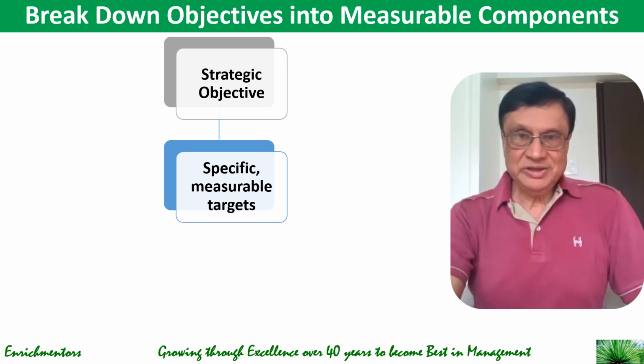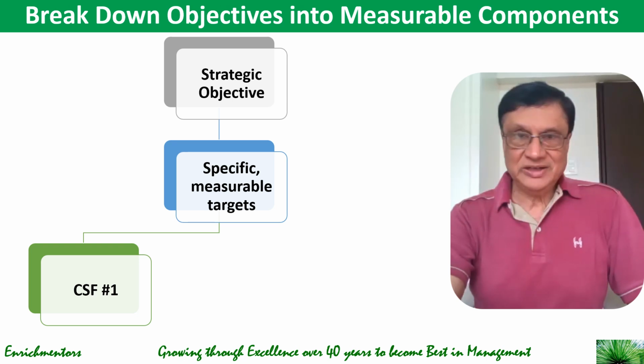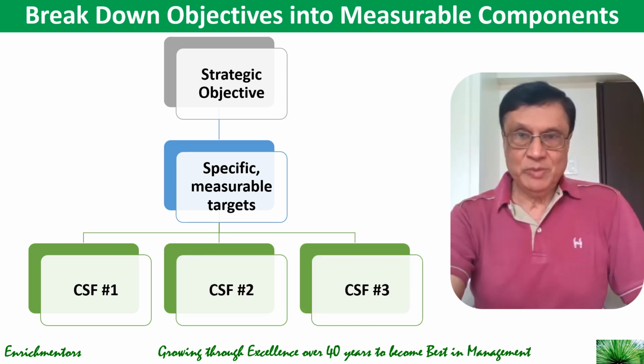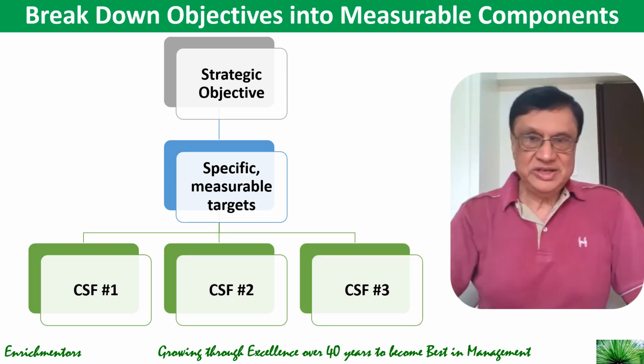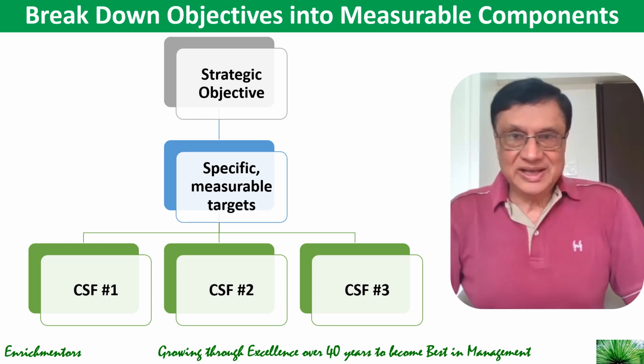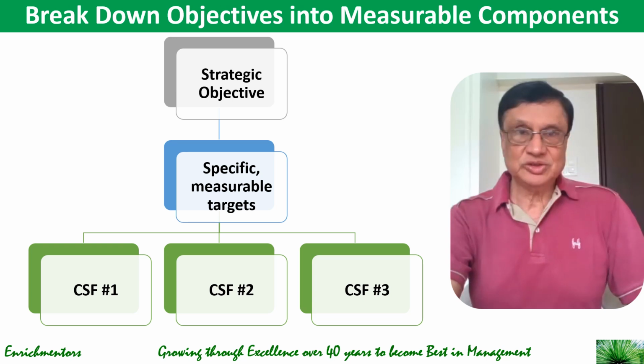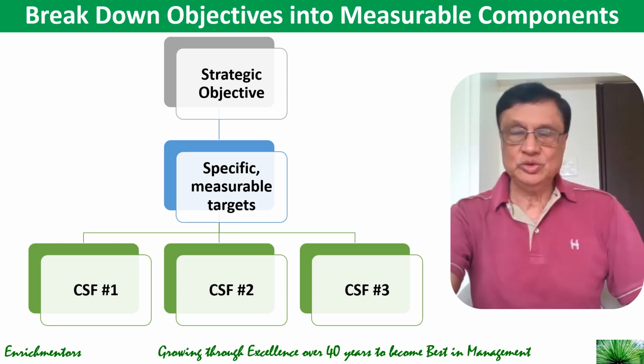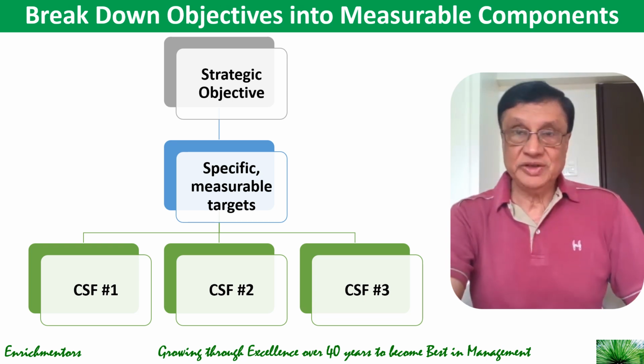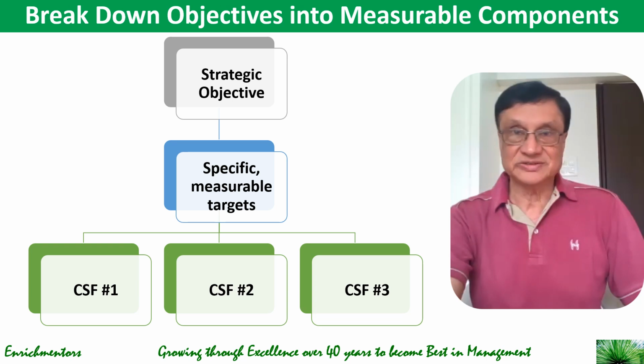Then you determine the key critical success factors for each objective, and they could be more, as you see here. And these are the elements that must be achieved for your objective to be successful. So that's how you break your objectives into measurable components of the key critical success factors.